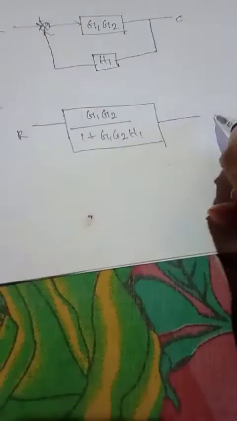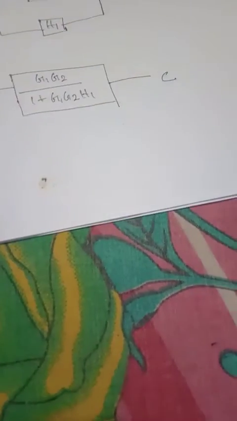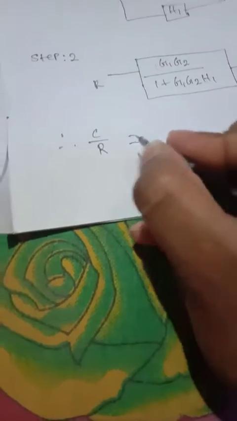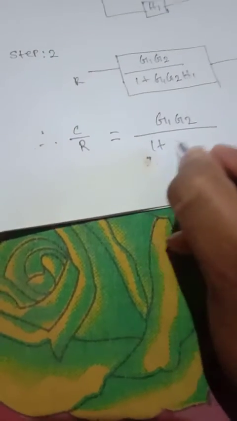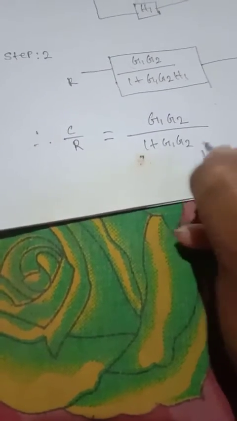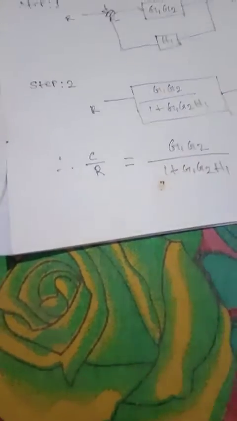R is the input, C is the output. Therefore, the transfer function C by R is equal to G1 G2 divided by 1 plus G1 G2 H1. This is the output result.